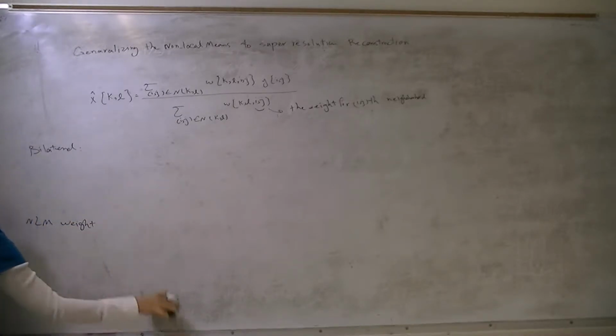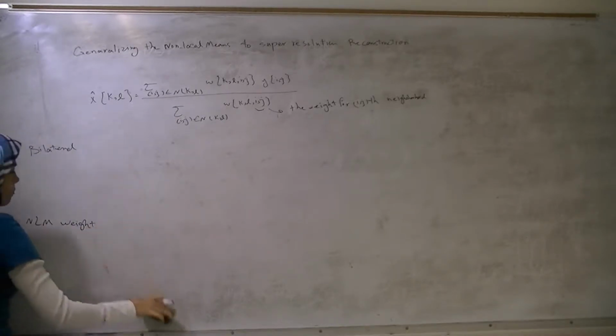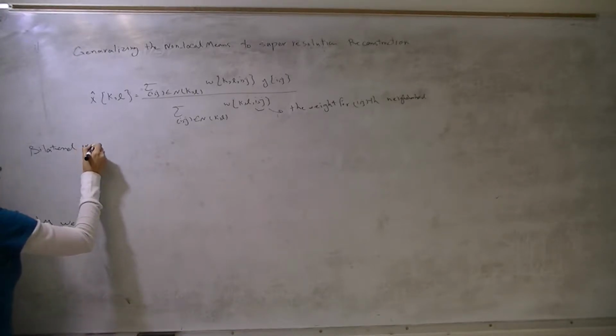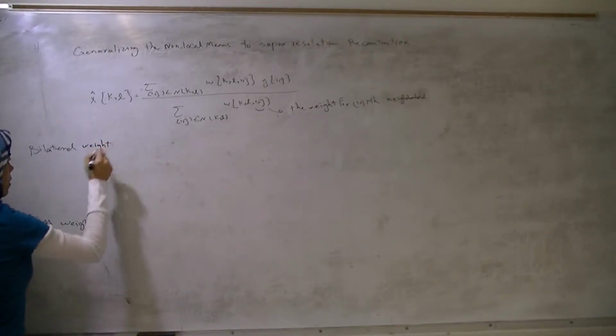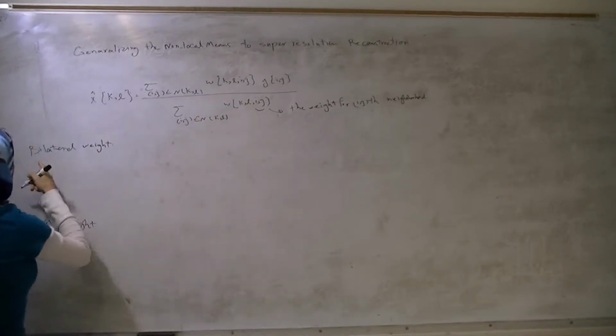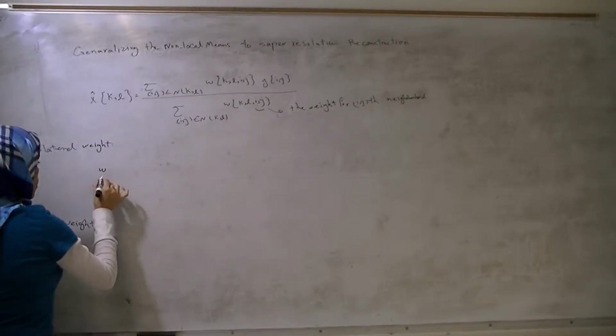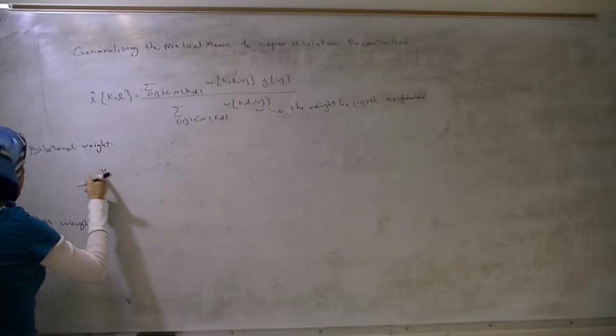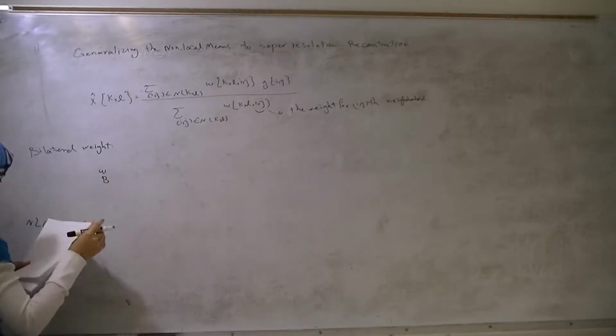The difference between the bilateral and the non-local means method is just in the way of defining the weight. For the bilateral, we do something like that for the weight.